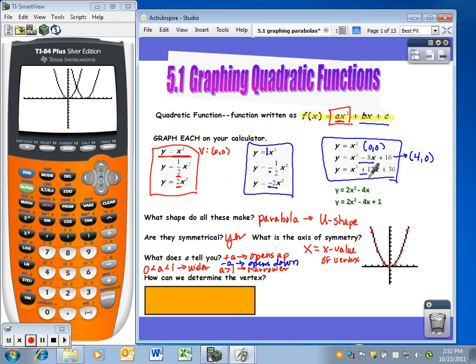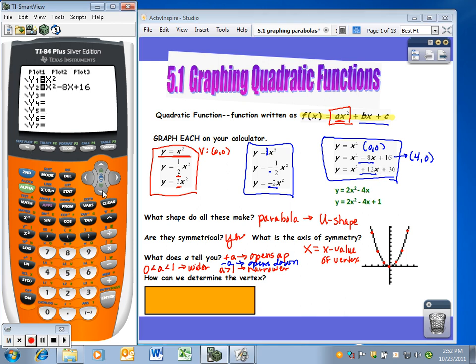Let's see what plus 12x plus 36 does. I want to turn this one off.